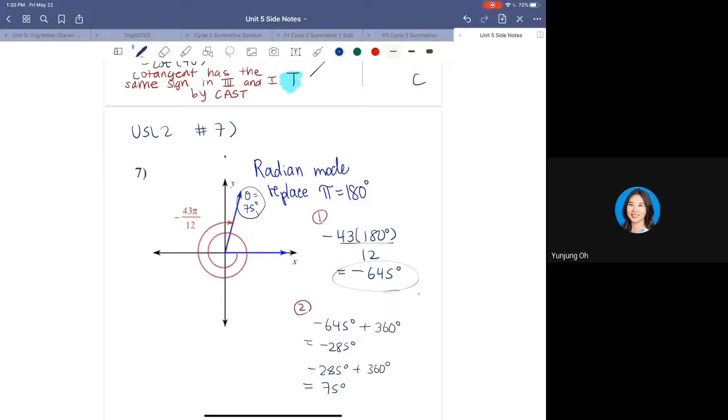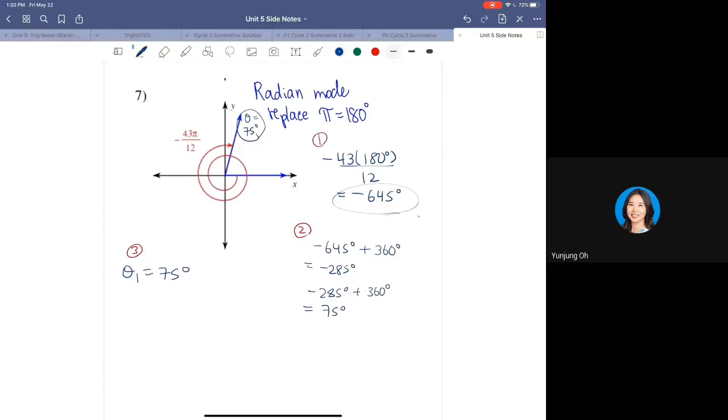But they were asking me to find a couple of things, coterminal angles, right? So theta 1 is 75 degrees. I know the solution is telling you in radian form, so it might be confusing. If they want me to tell them what my coterminal angles are, I'm just going to add 360 and subtract 360.